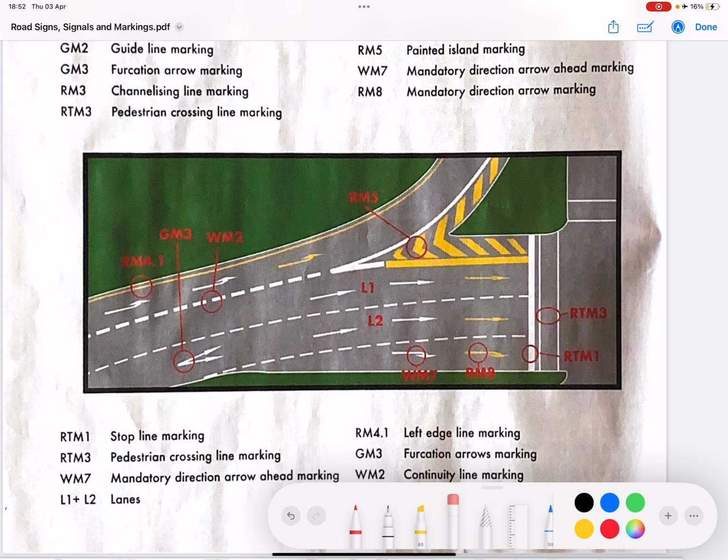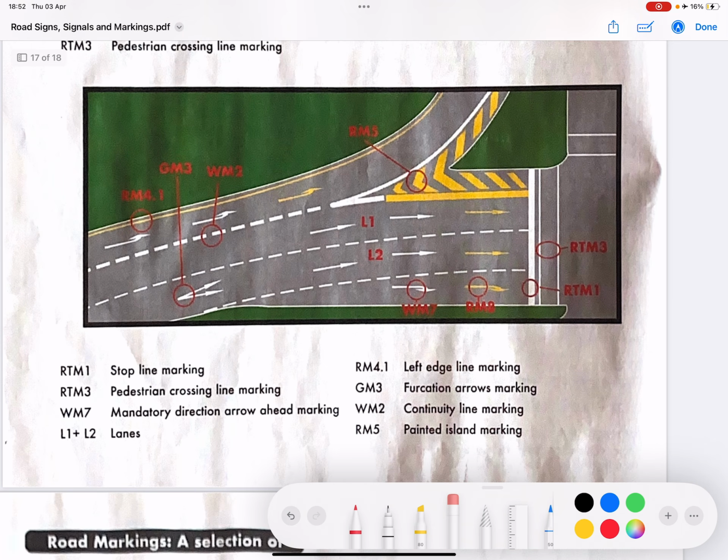Now we are coming to these ones again. They will repeat some of the things that we have covered already. Look at RM 4.1. It's called the left edge marking, your yellow line, as you can see. WM2 is continuity line. L1 for lane 1, L2 for lane 2.